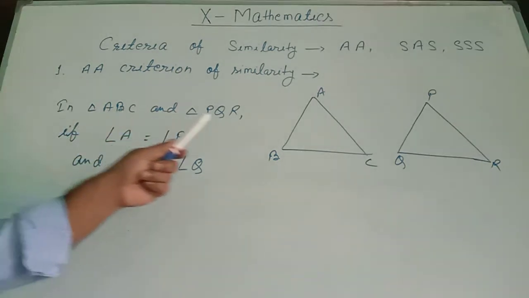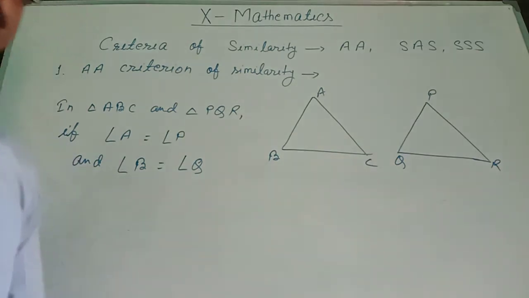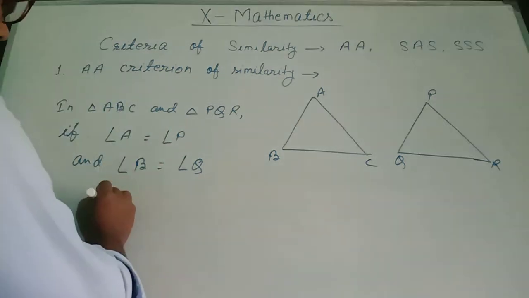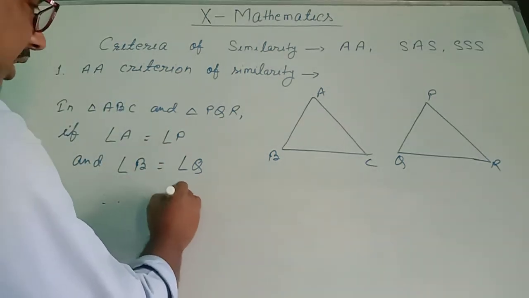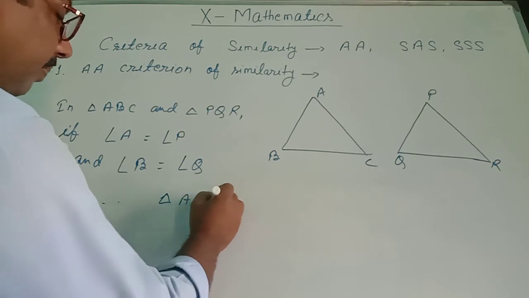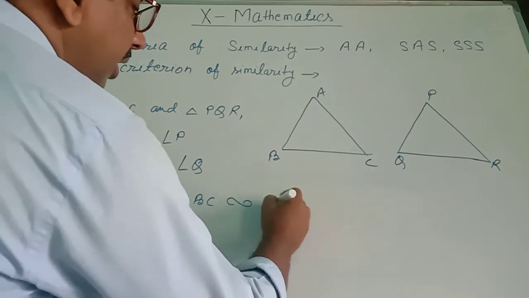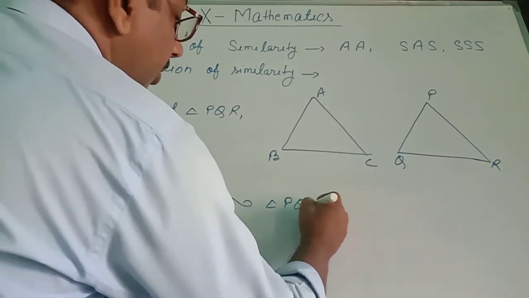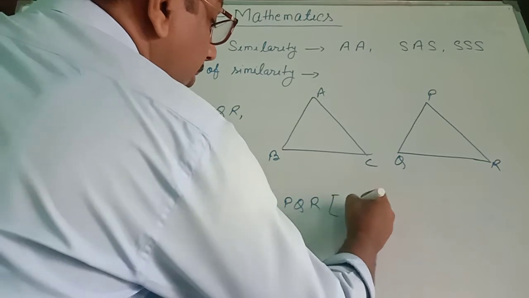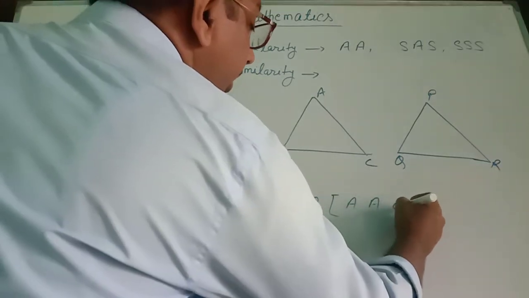If in two triangles any two pairs of corresponding angles are equal, then those two triangles, triangle ABC is similar to triangle PQR. In bracket we write the rule, AA criterion.